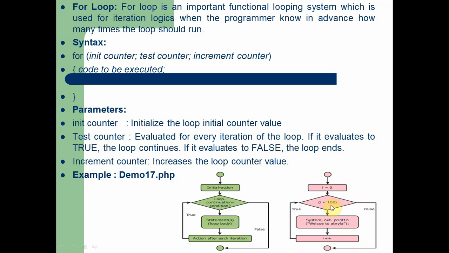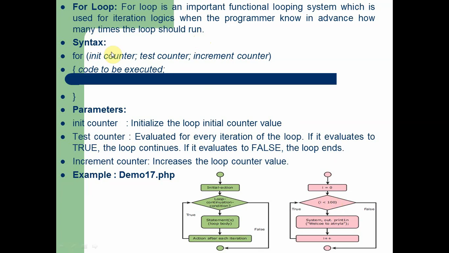This is the loop called for loop, which we already discussed in the definition. The programmer knows in advance how many times the loop should run, so he mentioned the value here. Here the programmer mentioned 100 times. It means this loop statement is going to run 100 times. So here we understand the concept of looping.